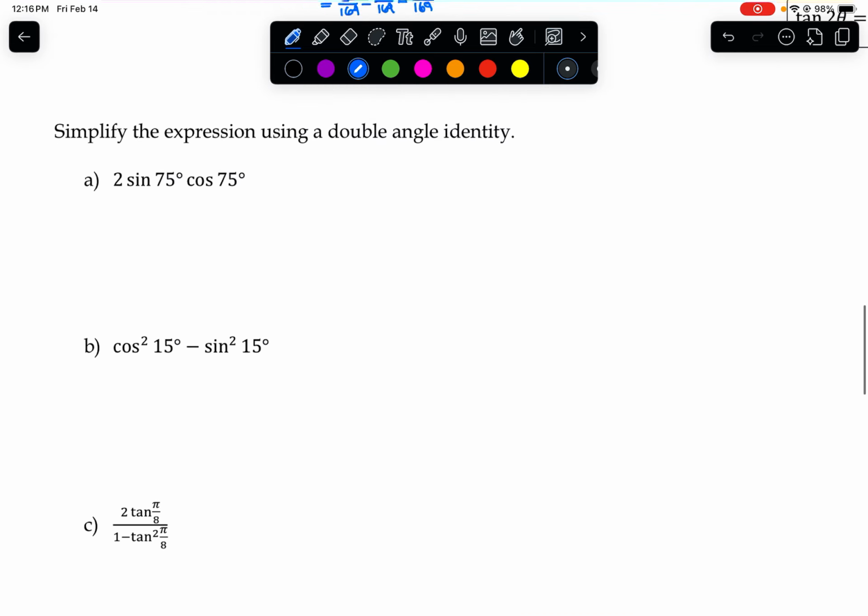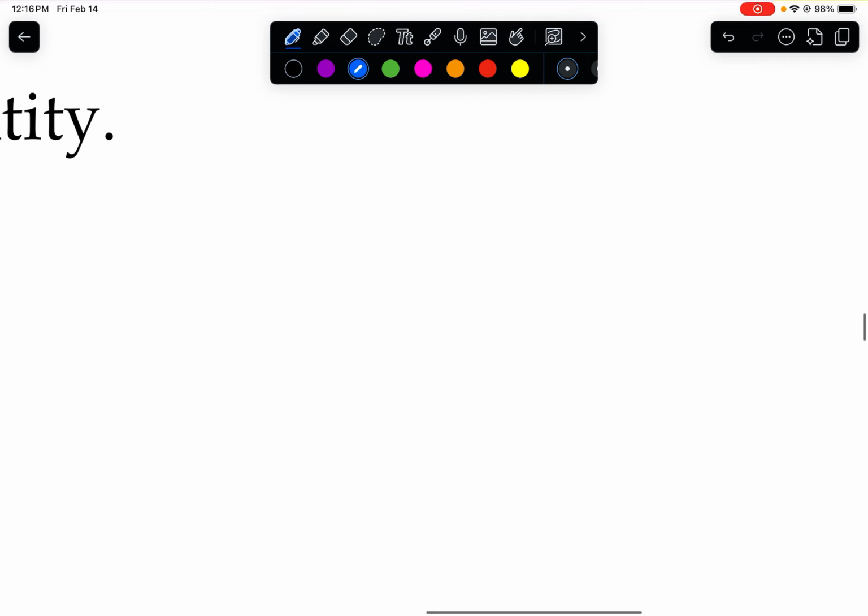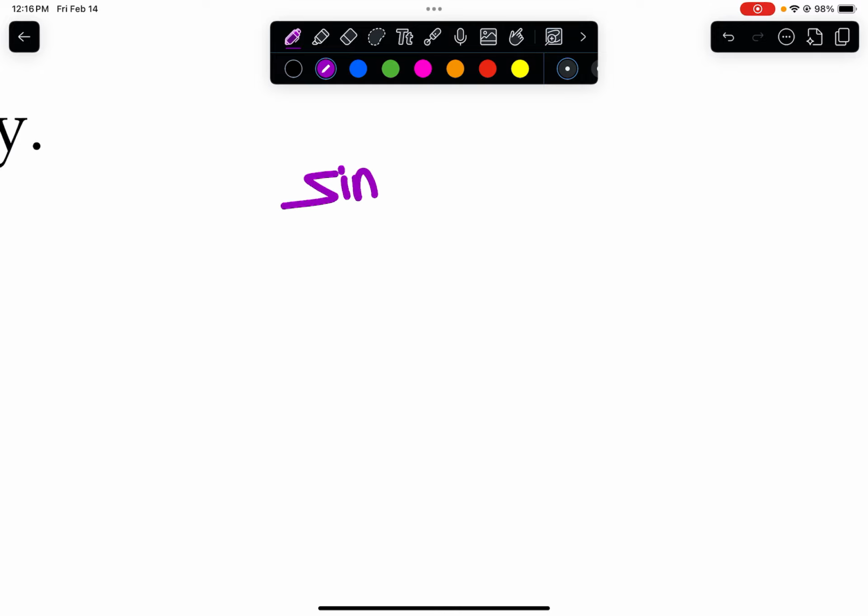Now down here, we're going to simplify the expression using a double angle identity. So you have to really know your double angle identity formulas in order to be successful on these. Once again, in order to use them, you got to know them. So I like to just constantly write them down. I'm just going to use x this time. So sine of 2x would be 2 sine x cosine x.